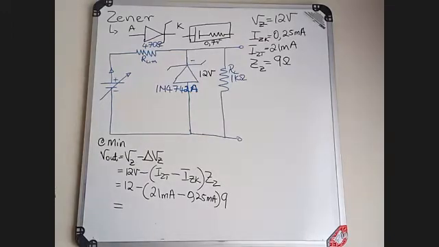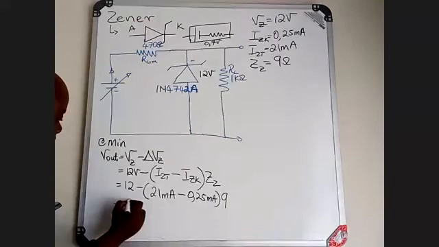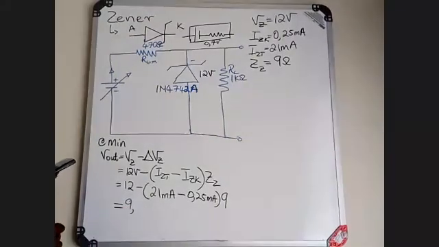Okay, it's going to be 21 milliamps, 0.25, then in this case you will see that your V out here is going to be 9. Sorry, not 9.